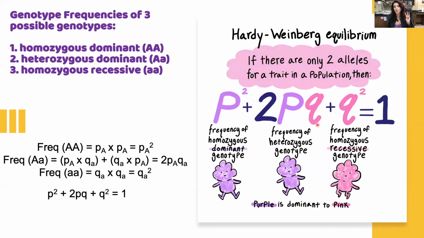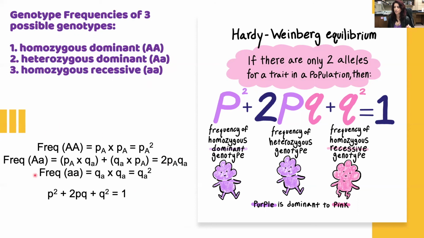Genotype frequency of three possible genotypes, okay? We can have homozygous dominant genotype, which is depicted as big A, big A. We can also have heterozygous, which is represented by big A, little a. That big A is dominant over the recessive little a. And then finally, we have homozygous recessive, two little a's.